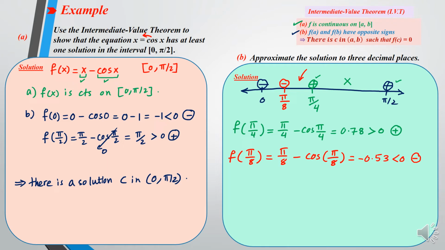Sometimes the question tells you how many iterations you have to find, but here I did 2 iterations, and I think it's enough for this question. So c equals pi over 8, and you have to write it to 3 decimal places, which is equal to 0.393.